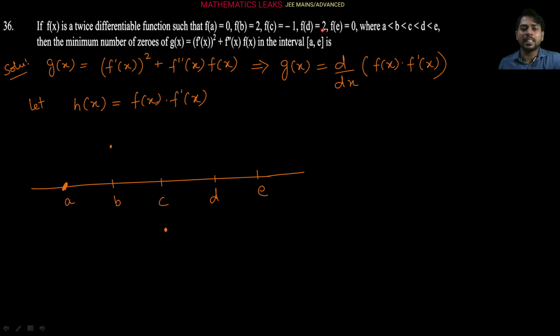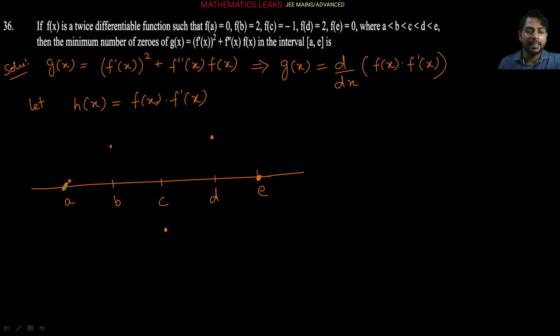At point d the value will again be positive 2, above the x-axis, and at point e it will again be 0. Since f(x) is twice differentiable, f(x) is necessarily continuous. So if we join these points with a rough figure, the graph will look like this.